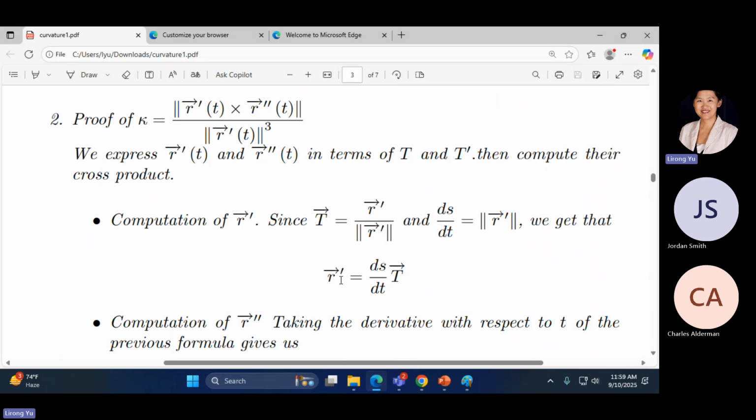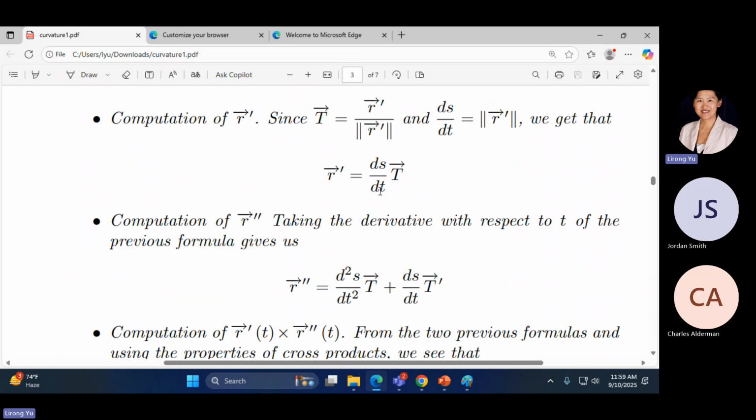R prime is the derivative of R, so T is the direction and ds/dt is the magnitude of it. So if you want to find the second derivative, you have to apply the product rule on R prime, and you find this equation. That's where we have the summation, because of the product rule.